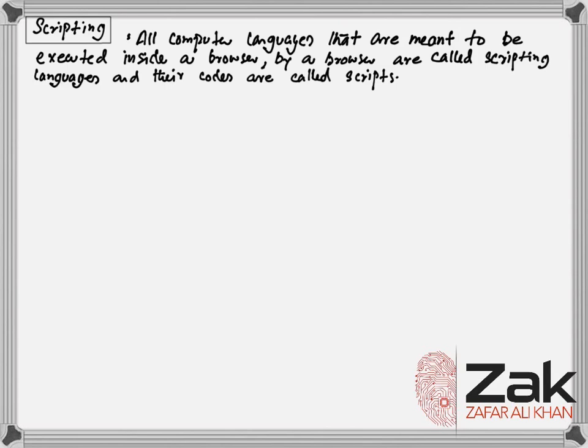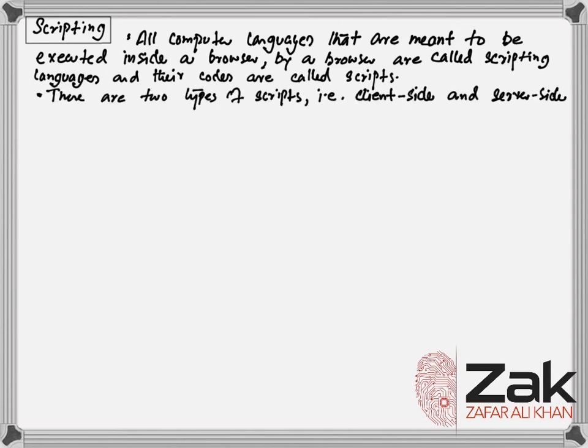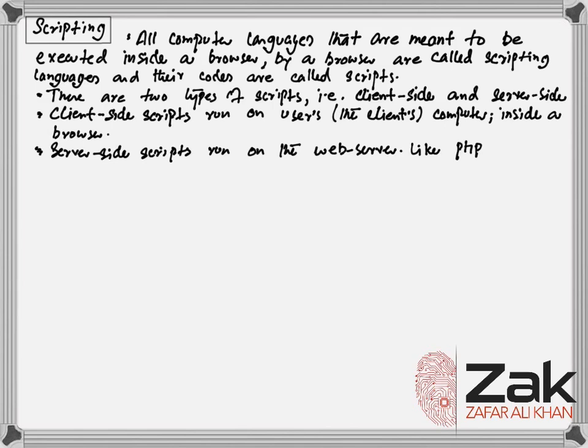Now, there are two types of scripts: client side scripts and server side scripts. As I told you, client side scripts are executed on the client side, and server side scripts are executed on the servers, which are hidden to the client. Client side scripts run on users', I mean clients', computers inside a browser.